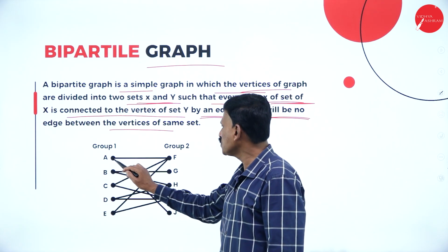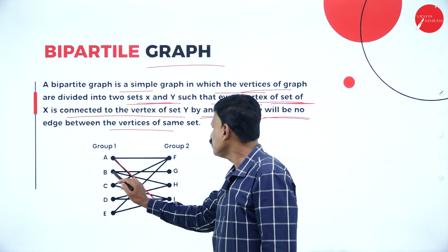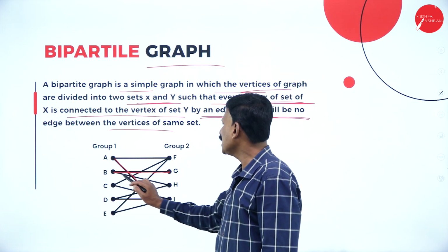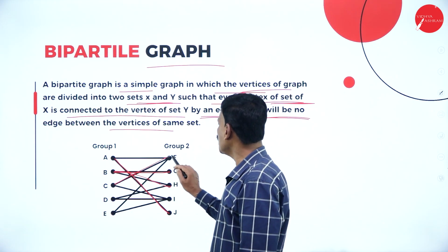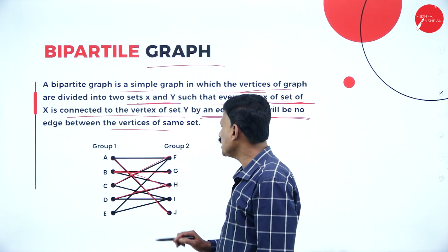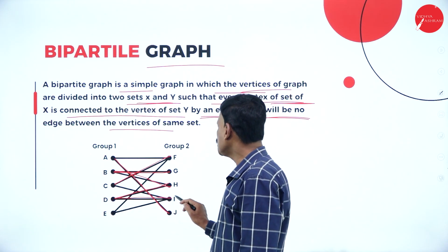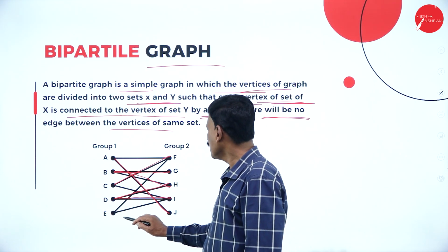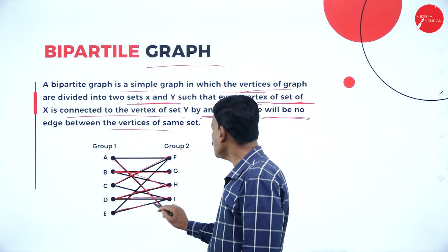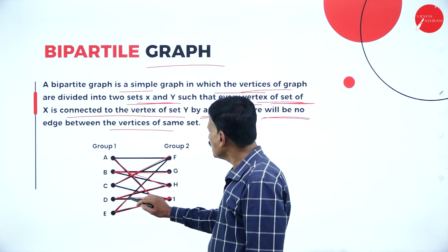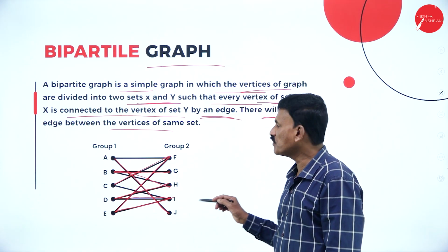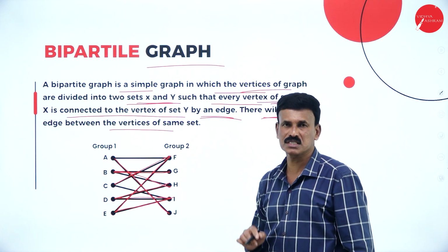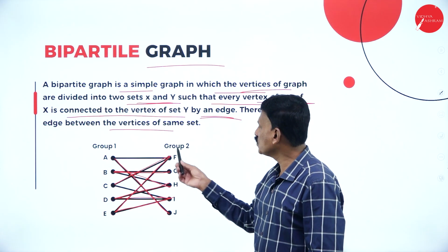A to J, B to G, B to H, C to F, D to H, D to I, E to I, and E to F. So this is an example of a bipartite graph.